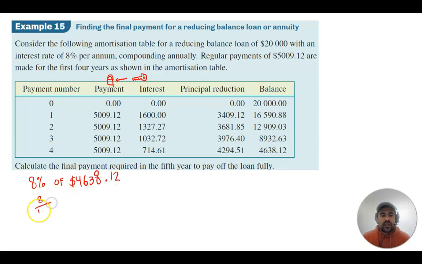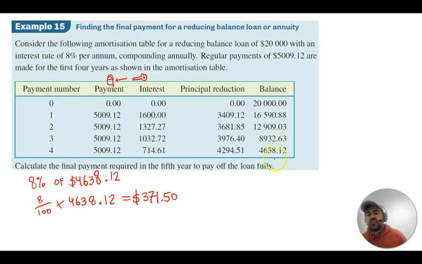Or in other words, we're finding 8 over 100 times this amount here. When calculated properly, you should get an amount of $371.50. So this is how much interest needs to go to the bank before you pay off everything else.